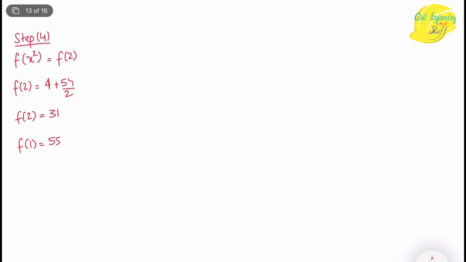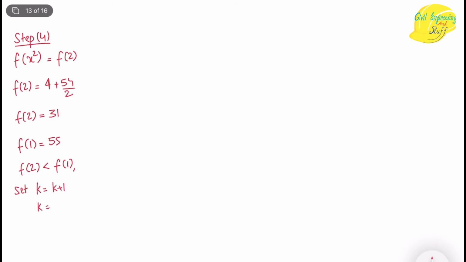Okay, so from here we can see that f(2) is less than f(1). So what we'll do is set k equal to k plus 1.